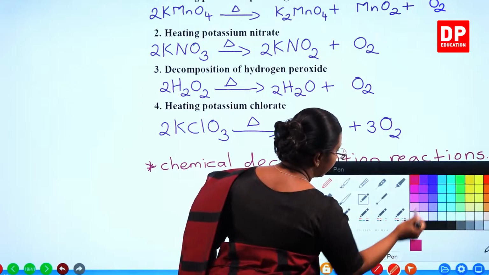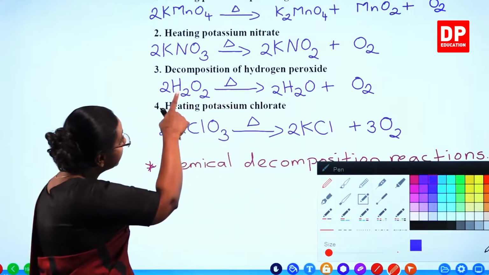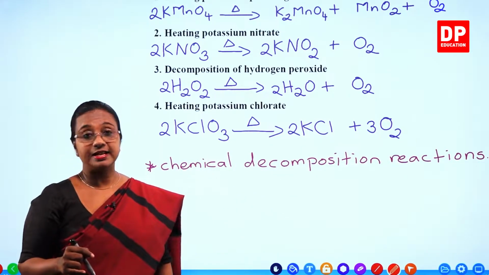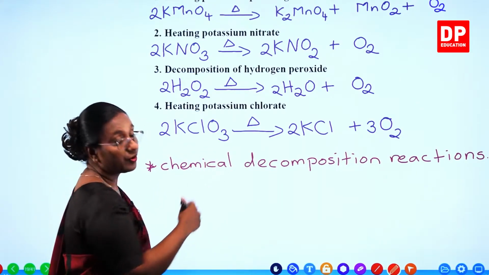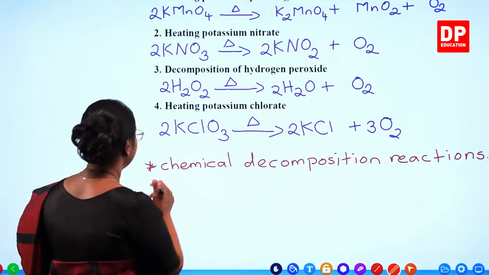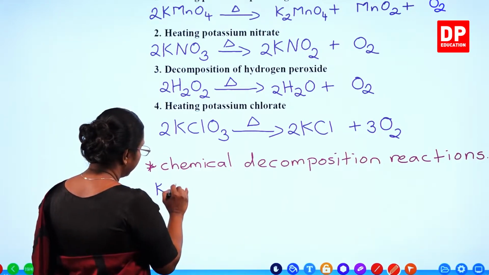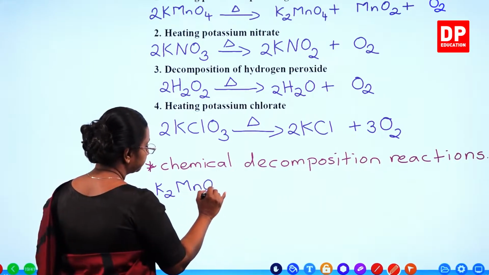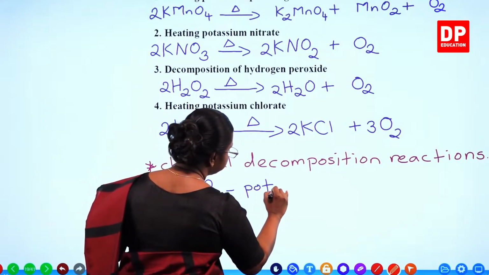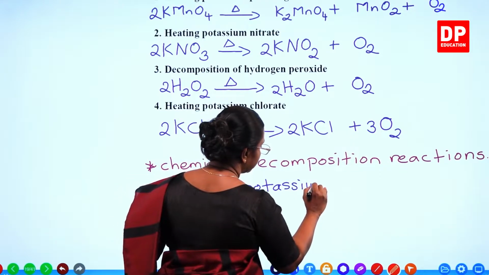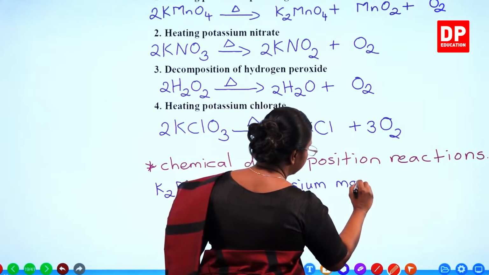And for your knowledge, students, I will give you all the names of those products that are formed that you may not be very familiar with. Most of you all might know it, but in case you don't know the names, K2MnO4 is potassium manganate.